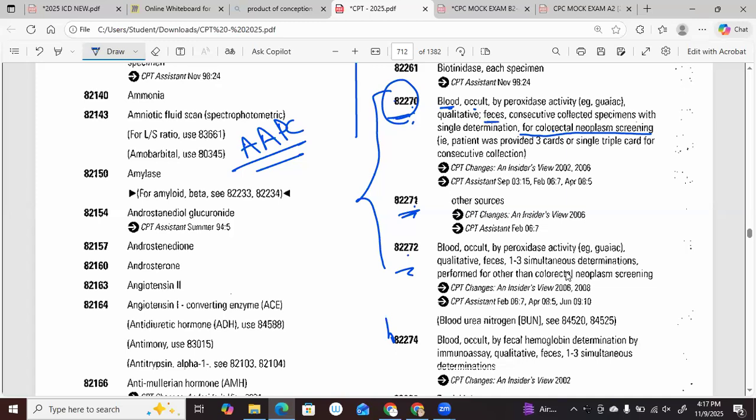Here, the source is feces. 82270 needs to be used if the source is feces. If the source is other than feces, for a colorectal screening, we have to use 82271.